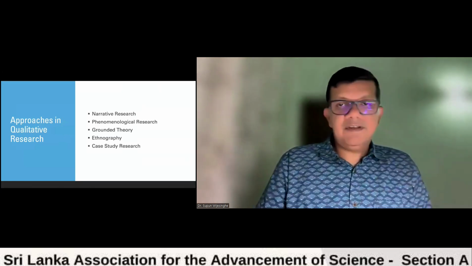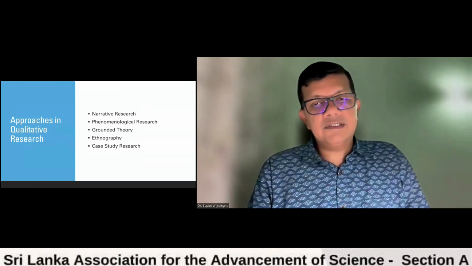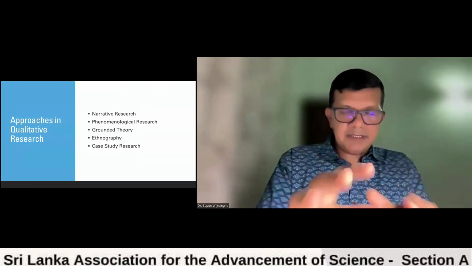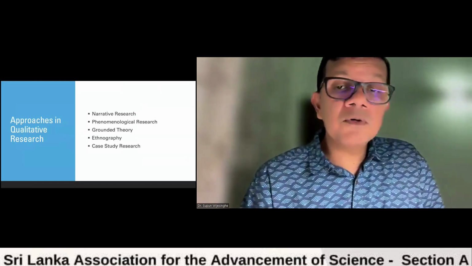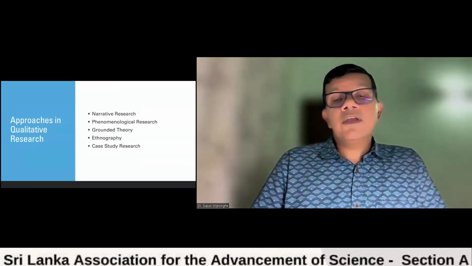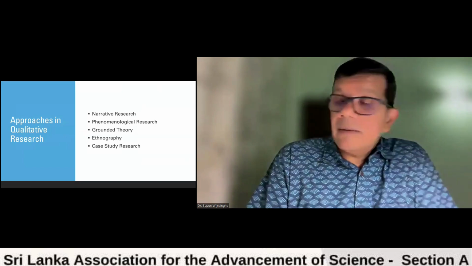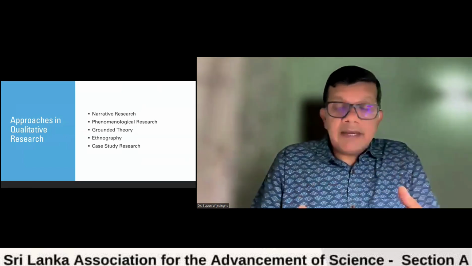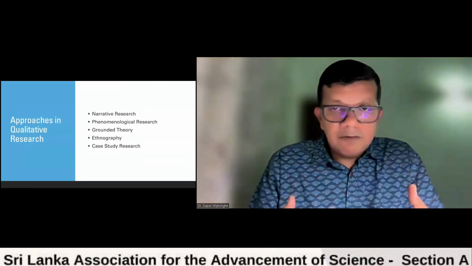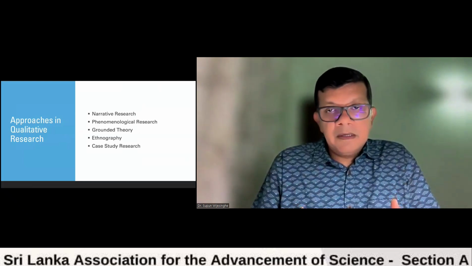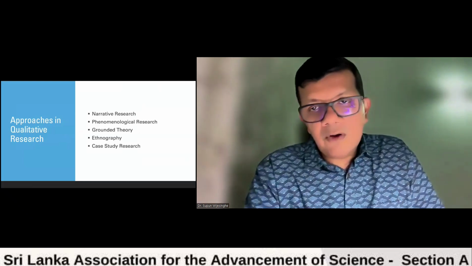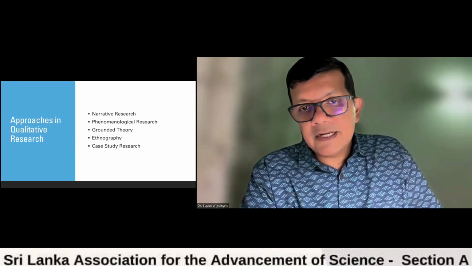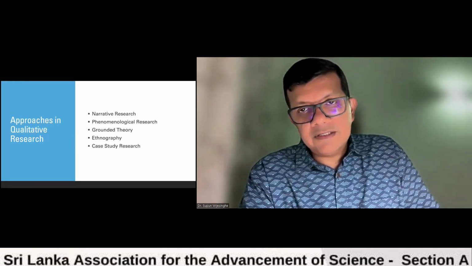There are many classifications for approaches of qualitative research, but I have just listed out the most important areas. If you're doing a PhD, from the perspective of your research area, most of your research will fall into grounded theory, case studies, and narrative forms of research.